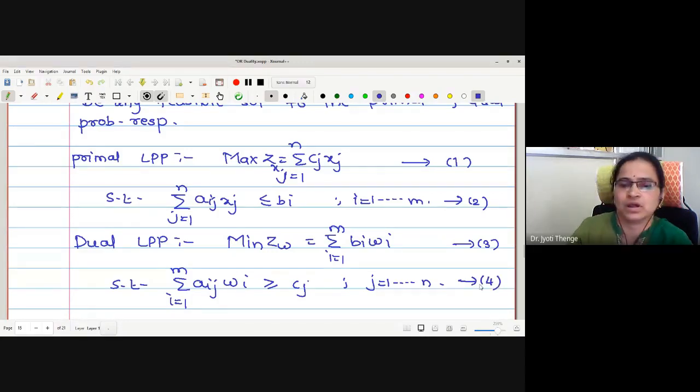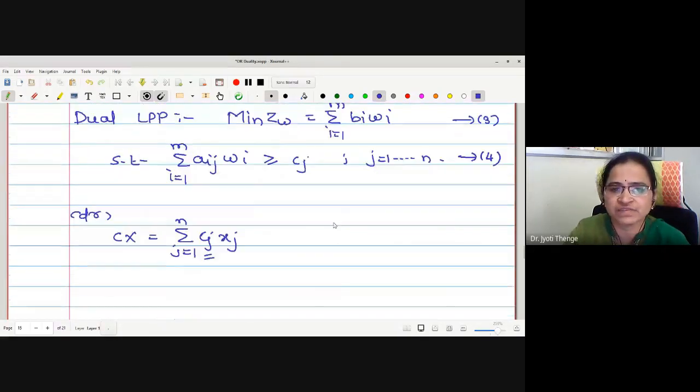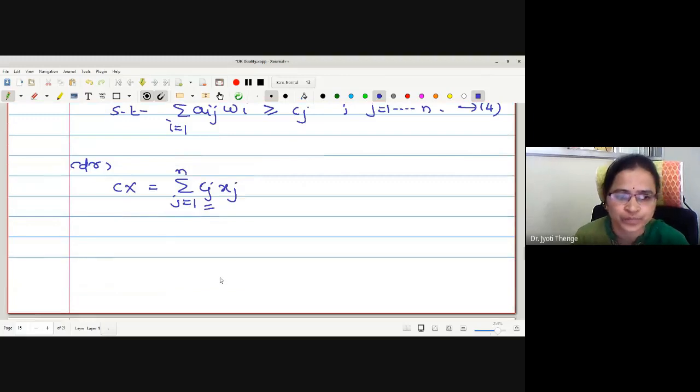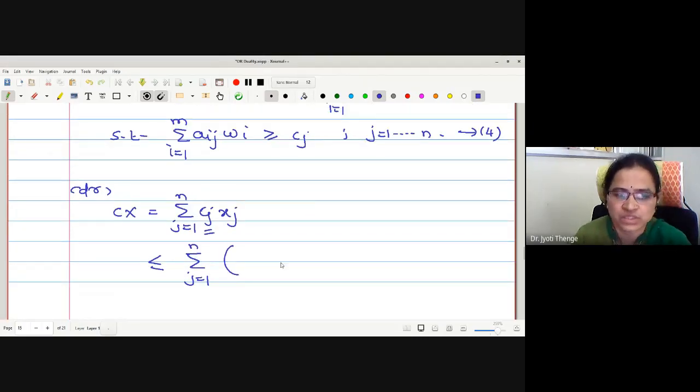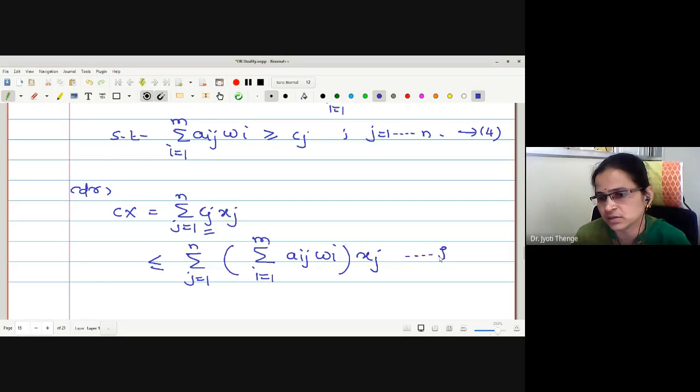Now I'm going to replace the value of Cj by this equation number 4. Cj is less than or equal to this summation, so Cj xj is less than or equal to summation i equals 1 to m of aij wi into xj, by equation 4. Clear?